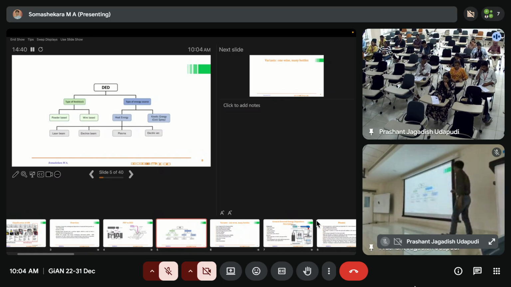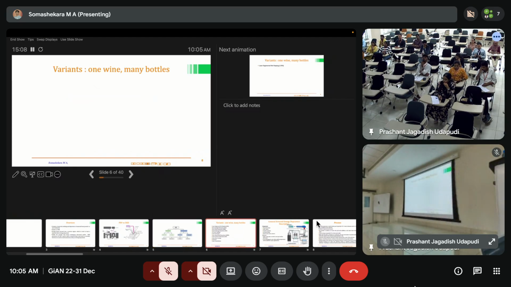So based on the application, with this technology you will be able to print large scale components. There are cases where they have printed components more than 3 meters and 4 meters long, but there are again a lot of other constraints in terms of surface finishing and mechanical properties, etc., right?